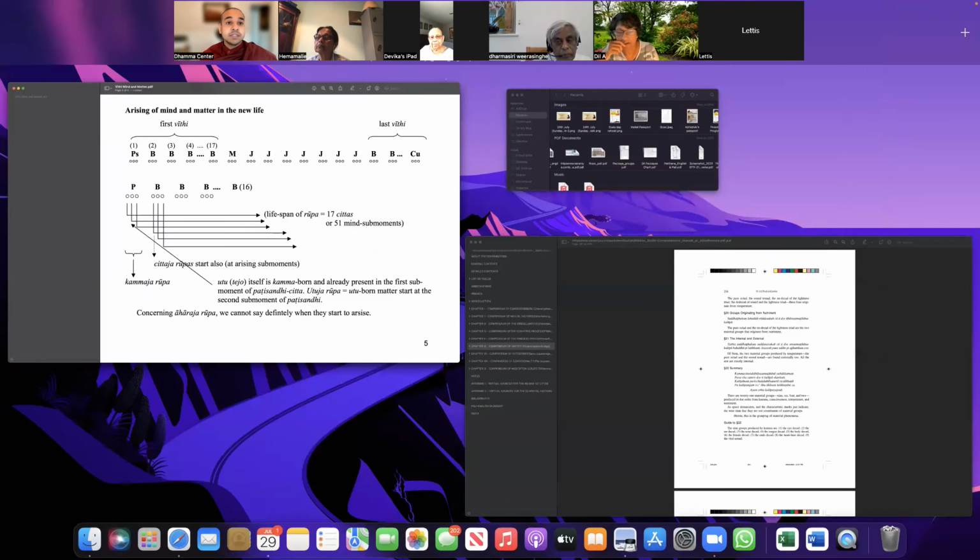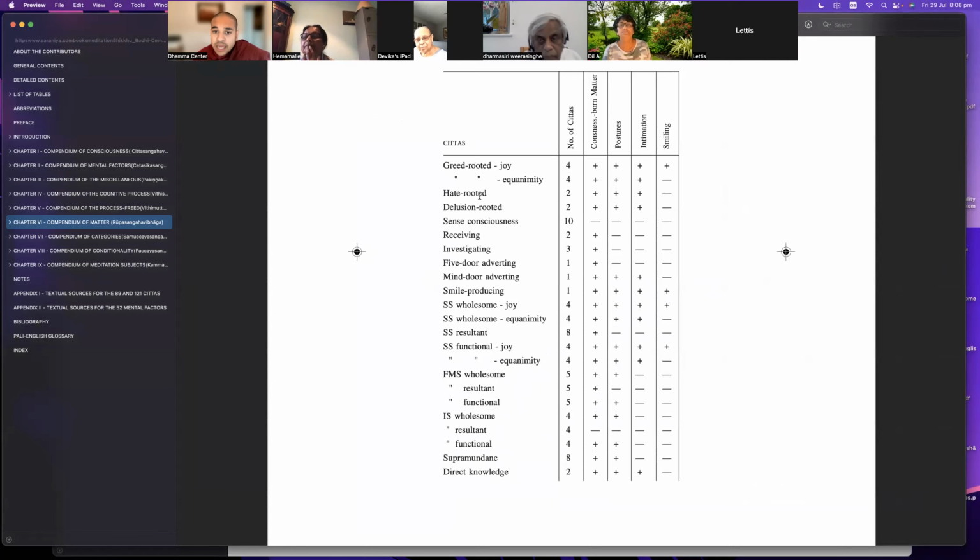Look, we find within these karma born: greed rooted, hatred, delusion, sense receiving, investigating, most of which do not produce matter because they are too weak. And then resultant consciousness in the immaterial sphere.